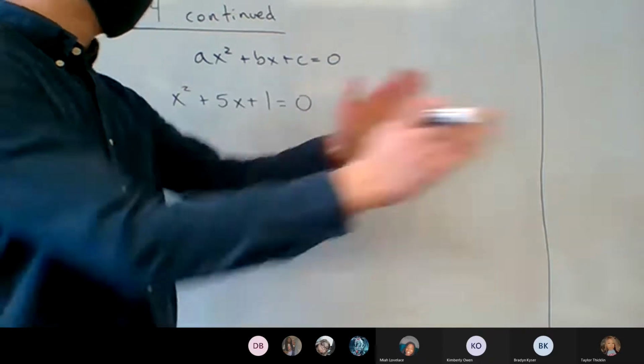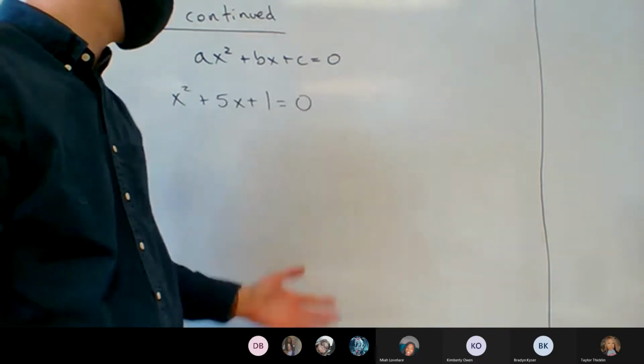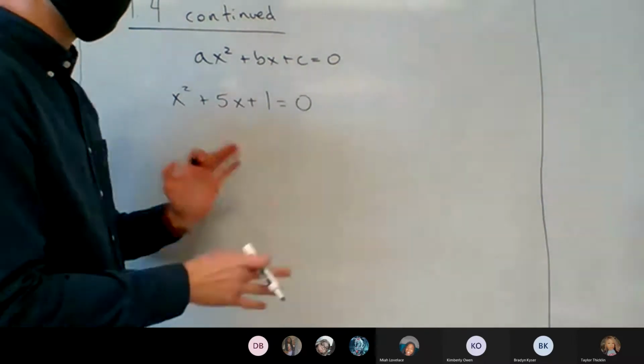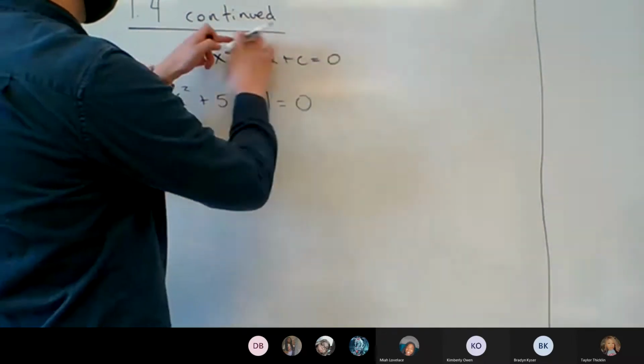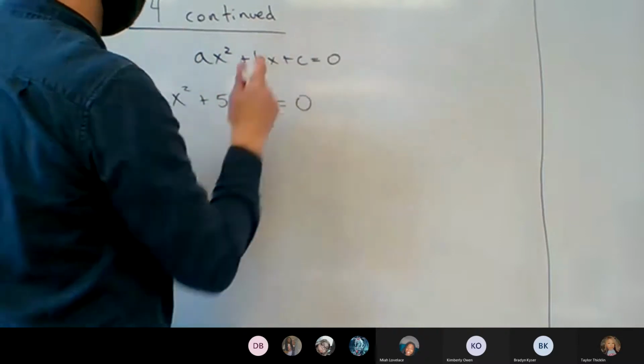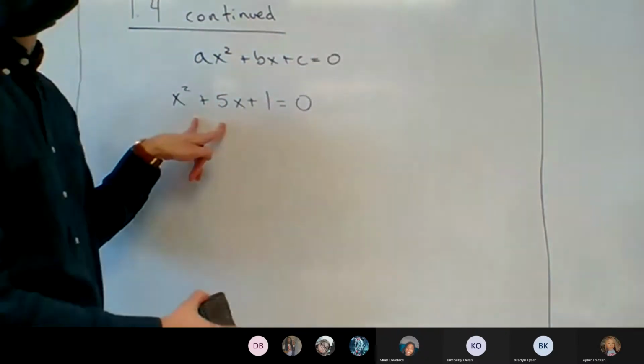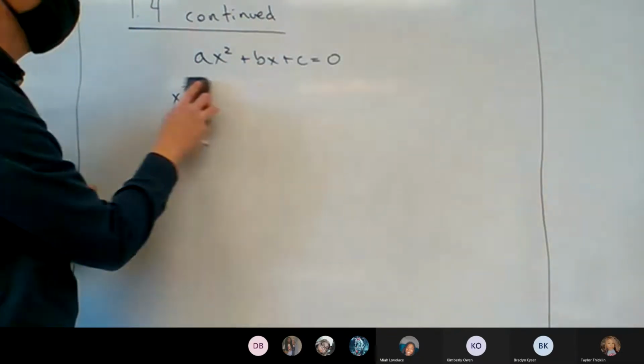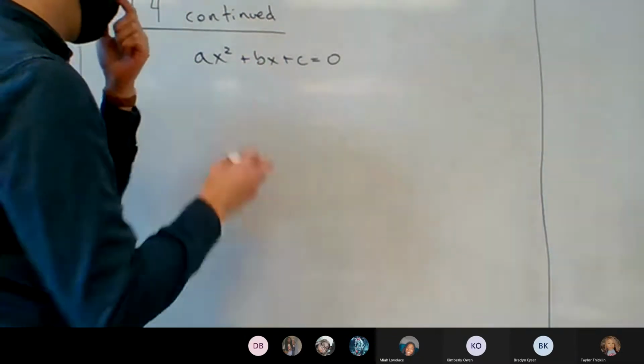So I want to proceed straight to the quadratic formula, which is the tool that works for any quadratic equation. I'm going to erase this for now, but we will come back to that particular one.